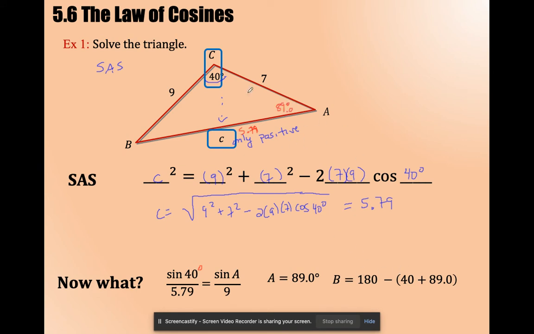And then I used my triangle relationship of 180 minus that sum to get B. If you just put 51, I'm fine. If you just put 89, I'm fine. Okay, done. Right? Not so bad.